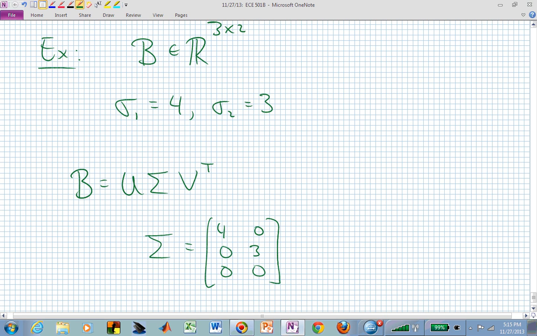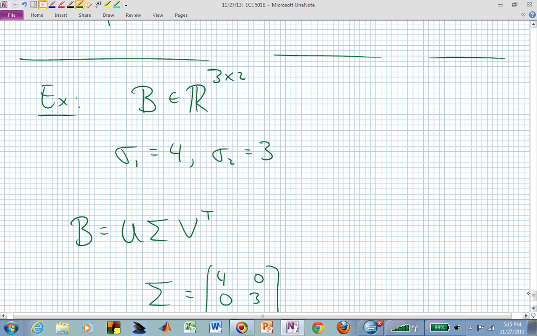I have linearly independent columns in B. How many linearly independent rows do I have? What's the rank of B? Just count the number of singular values, right? 2.